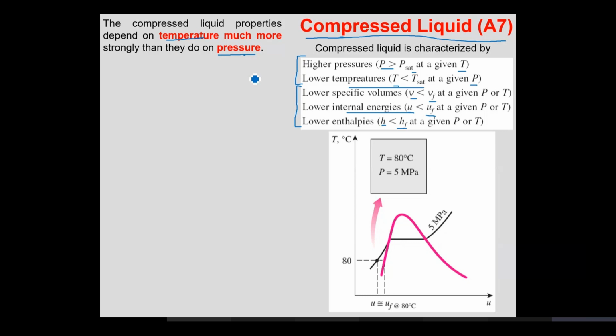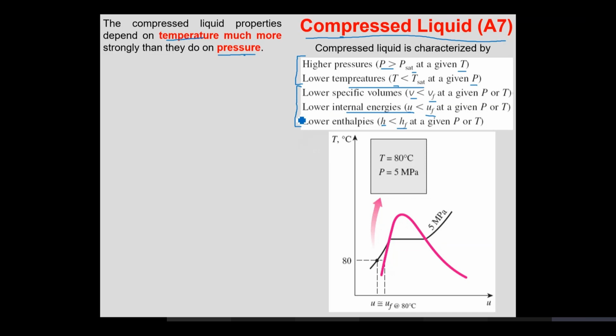For instance, if I am at 1 atmosphere, say my temperature is 20 or 25 degrees centigrade, and I increase the pressure from 1 atmosphere to 100 atmospheres, I have increased the pressure 100 times, yet the effect on specific volume would be negligible. However, if I increase the temperature from 25 degrees to 50 degrees centigrade, the change in specific volume would be significant. So compressed liquids are basically not that sensitive to pressure as they are to temperature.